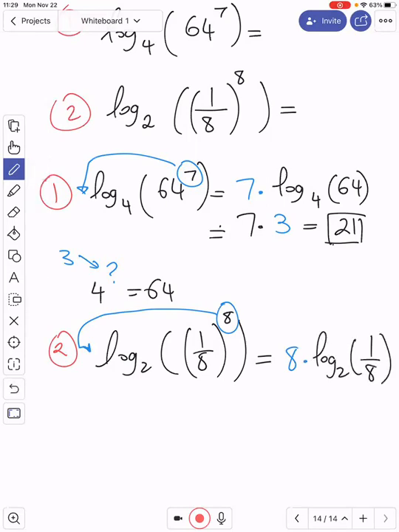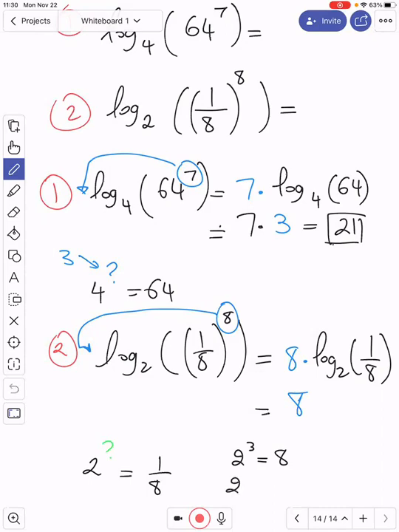The question is, for which power of 2 are you going to get 1 over 8? Of course, 2 cubed is 8, but your 8 is in the denominator, so you need the negative power.